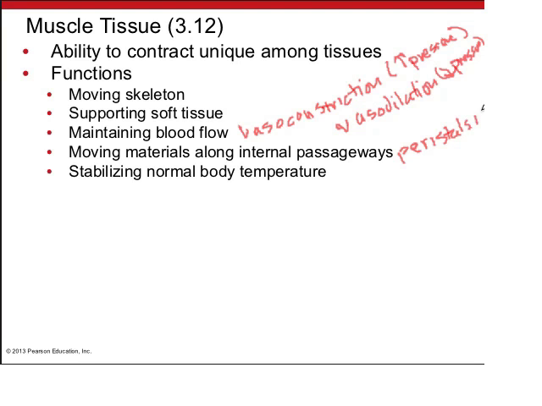And that helps push food from our throat all the way to our anus so that we can absorb the nutrient content along the way and dump the waste products out once we've removed the nutrient content. Stabilizes normal body temperature through, in part, vasoconstriction and vasodilation, in part through the production of goosebumps.